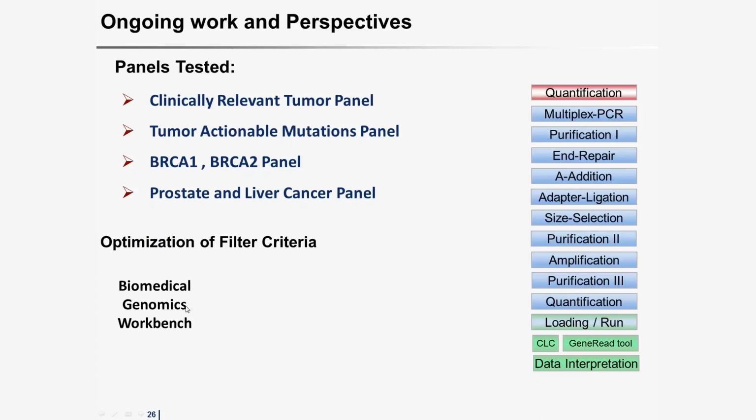And this workbench performs read mapping, annotation, primer and adapter trimming, and also the identification of SNPs in different databases.